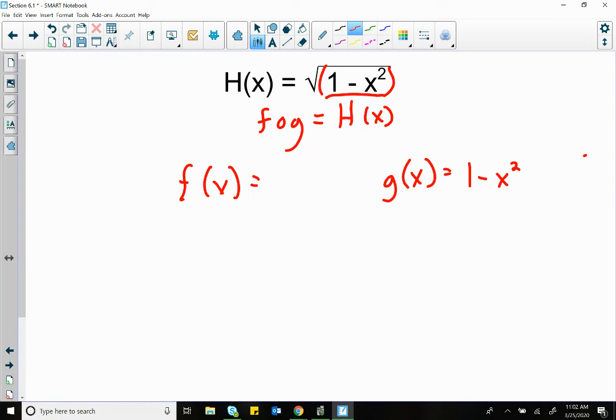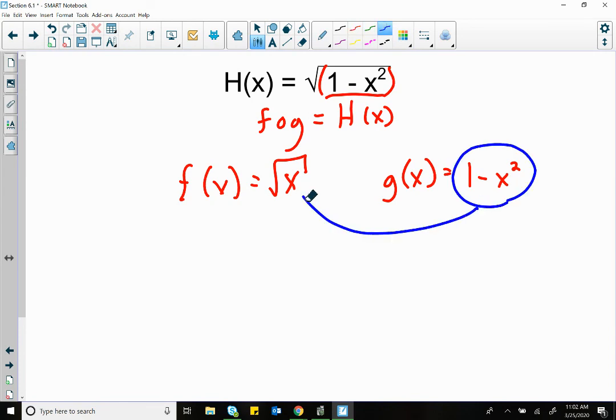Okay. So then what does that make the f? Square root of x. That's the straightforward answer that they want you to do. Because if I take this piece right here and plug it in right there, I'm right back to the h. Okay? Again, they want it to be the straightforward answer.